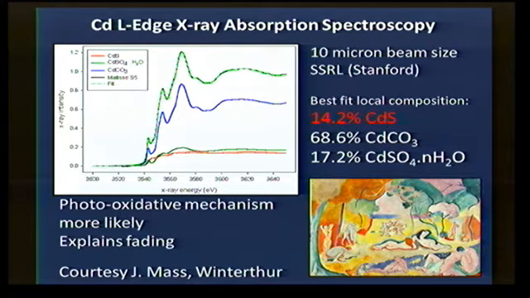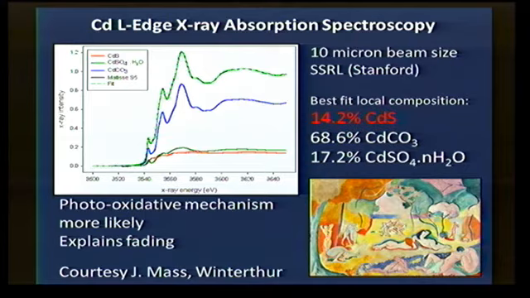Basically, the yellow which was used by Matisse to paint this masterpiece, the pigment, was cadmium sulfide. And you see, after a while, cadmium sulfide is not the predominant phase anymore. There are still traces of cadmium sulfide, but progressively the original pigment is being replaced by other compounds, in particular cadmium carbonate and cadmium sulfate.